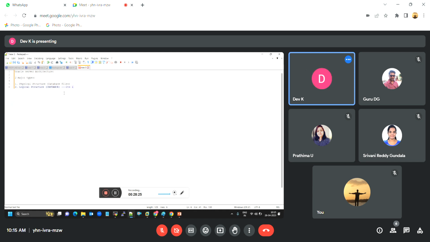Data files are like our physical files where our actual data is going to store. Give me a second, I'll connect my charger.